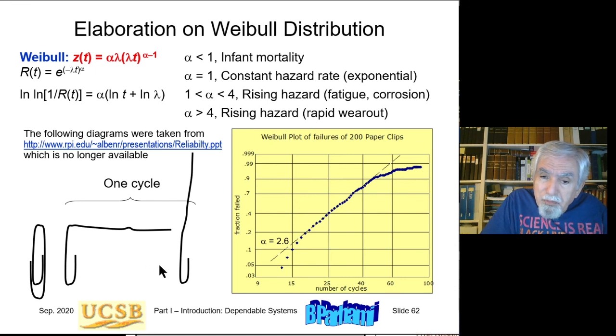In this example, you notice that the data fits well with the Weibull distribution having alpha equal to 2.6. Of course, it's not a perfect fit. The fit isn't perfect in this part and in the latter part, but for the most part, it's a good fit. By the way, this is a log-log scale plot. It's not a linear plot, so that's why the straight line is really an exponential function.